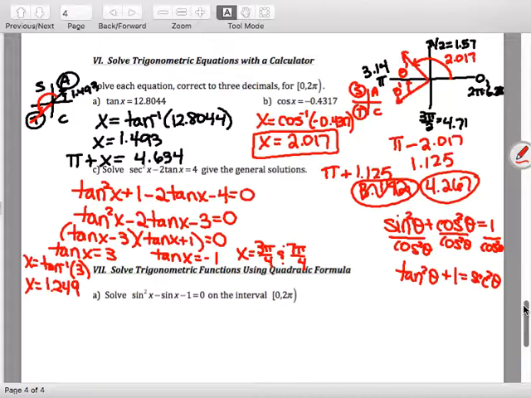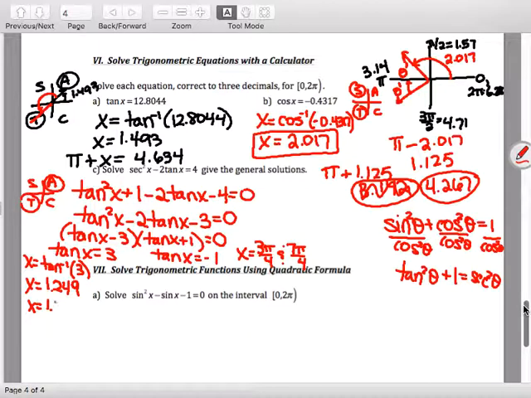So now let's write the general solutions. Tangent x is 3 in the first and the third quadrant. The nice thing about tangent is to get from the first to the third and from the third back to the first, that's pi. So that's no big deal.